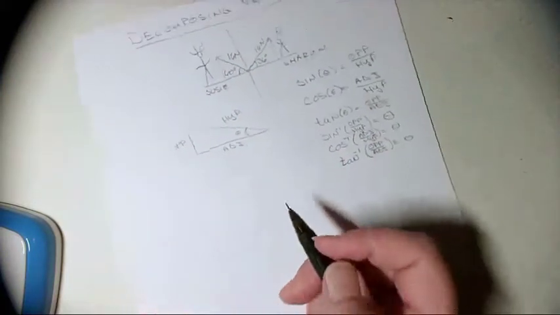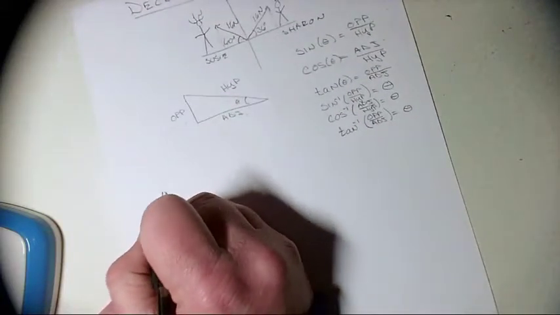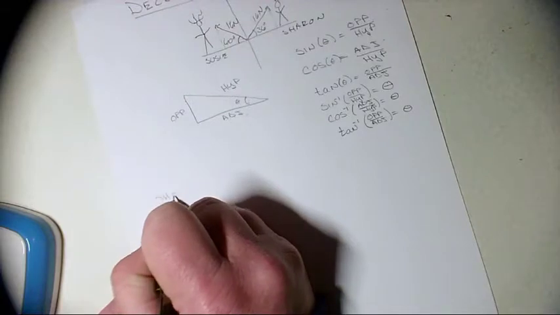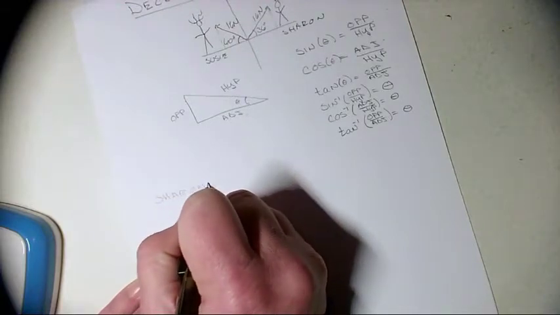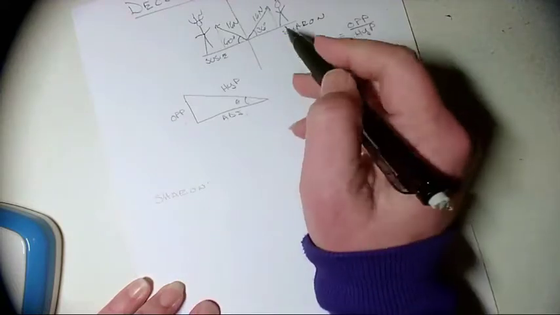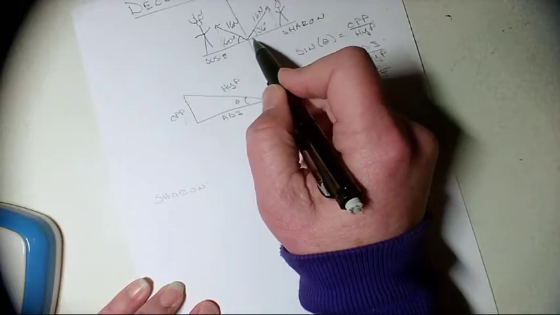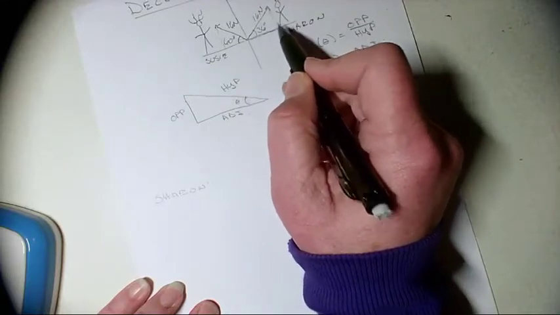Let's start with Sharon. What is her x component? So let's say 36. If I want the x component, that is the adjacent side.